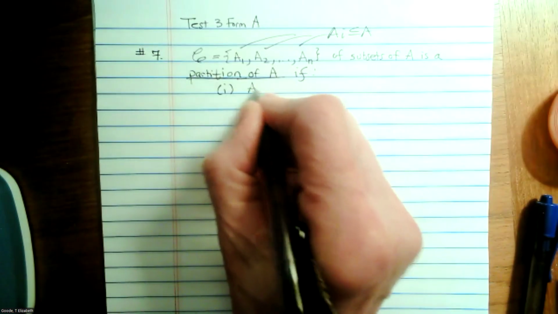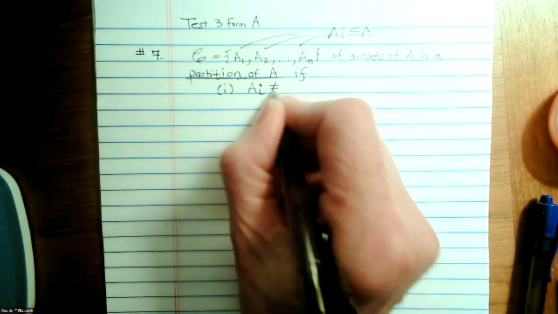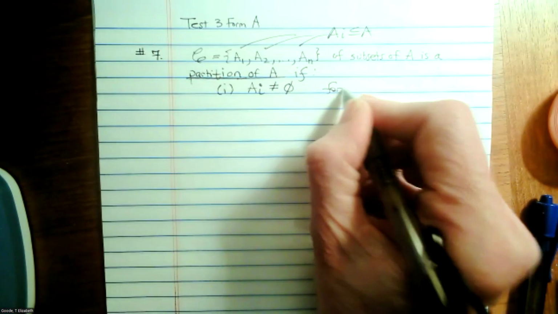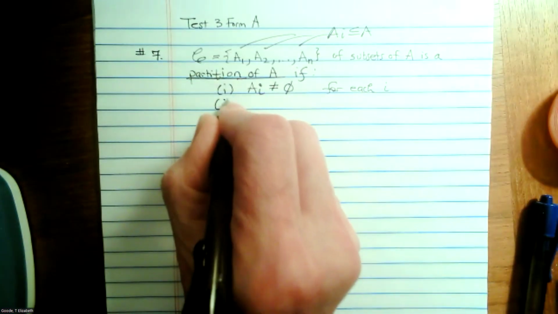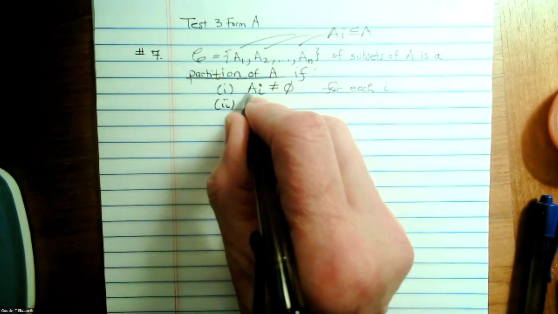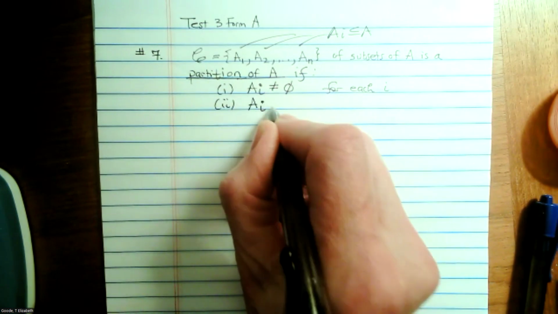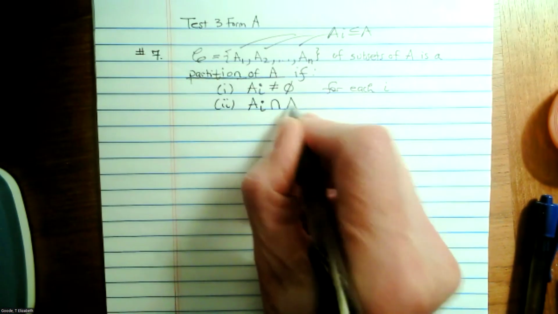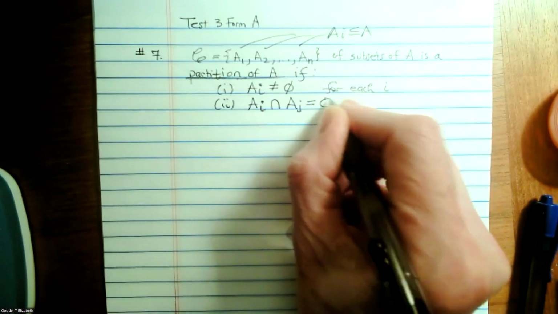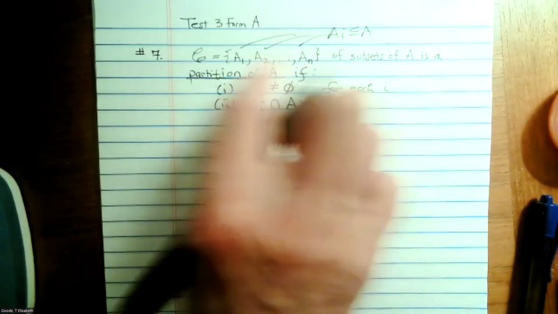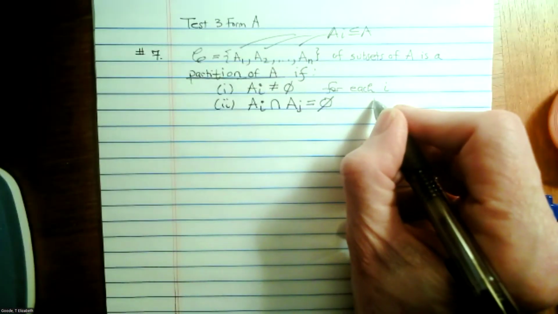Each of these A sub I's needs to be non-empty. They have to be pairwise disjoint sets. That means if you take any two of them, like A sub I and A sub J, and you look at their intersection, that intersection needs to be empty. None of these should have any elements in common.